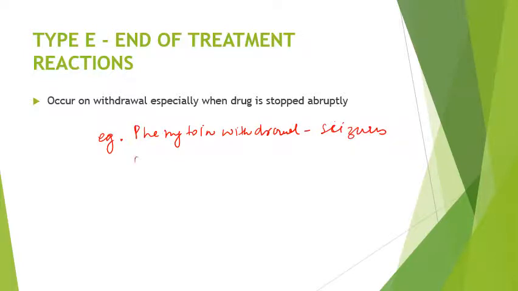Now the second example is of steroid withdrawal, which causes adrenocorticoid insufficiency.